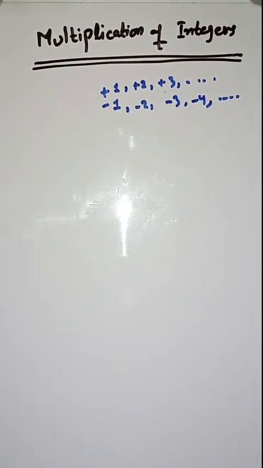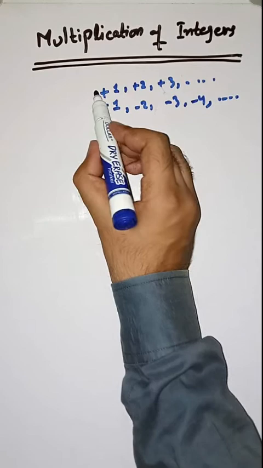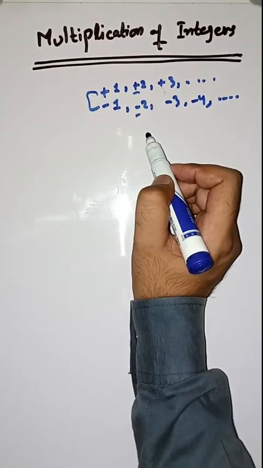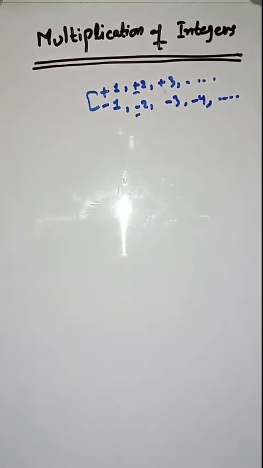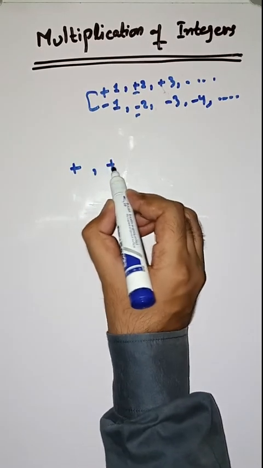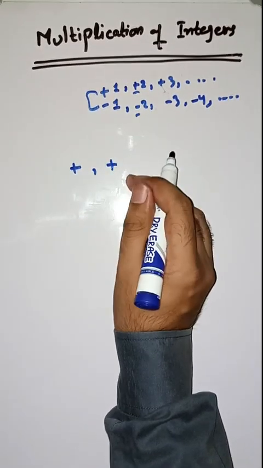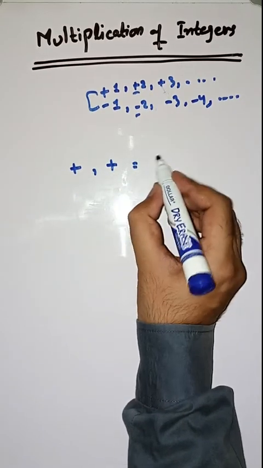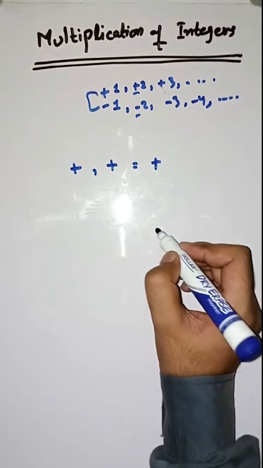Here we will learn about the multiplication of integers, meaning numbers which include both types of signs. Here are four important sign conventions for multiplication of integers. If both numbers are positive, or plus, then the product is also plus.